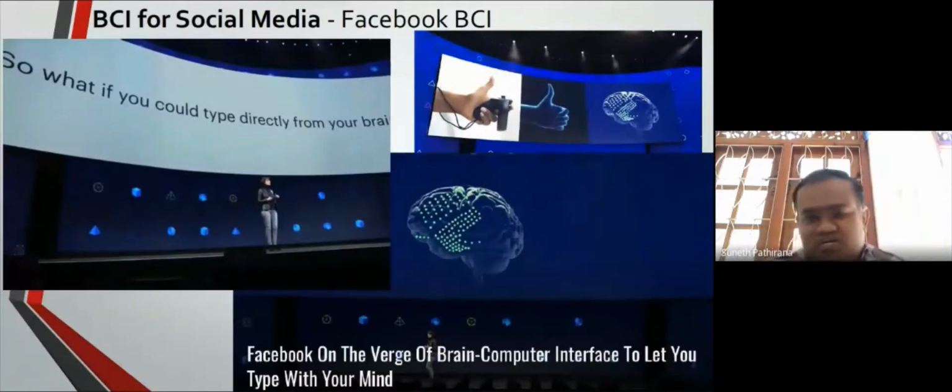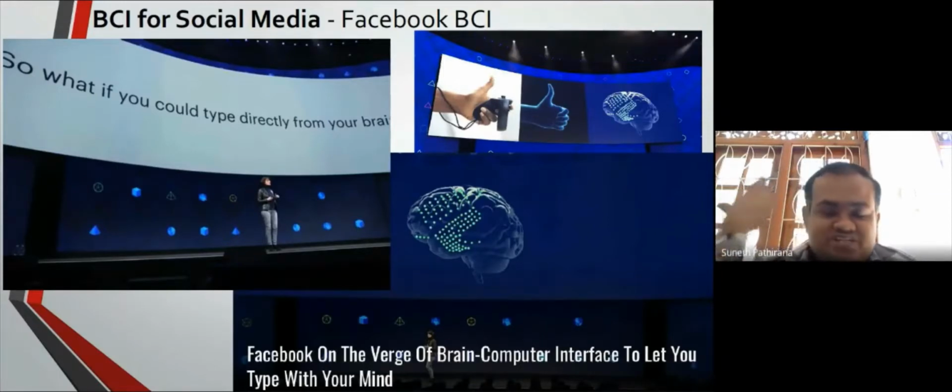And recently, Facebook-like social media companies have begun talking about integrating these brain-computer interfaces. That means once you wear the EEG headset, you don't need to type.